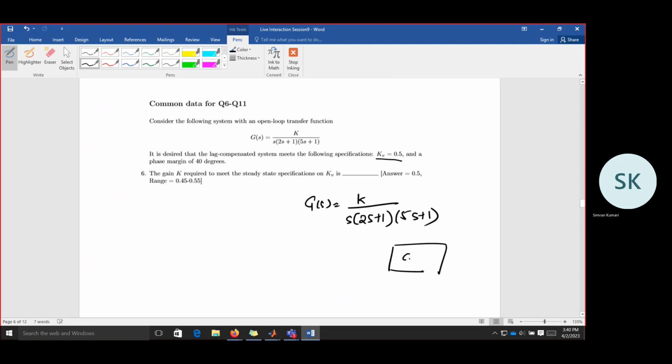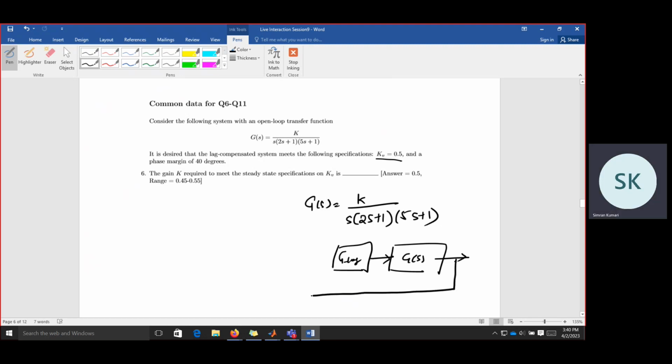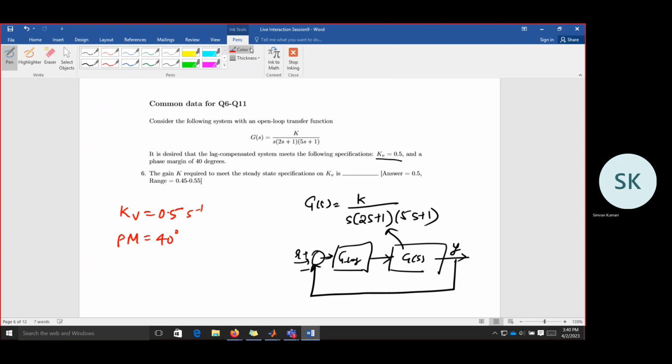So this is G(s), and we have a compensator G lag in a unity feedback system. What is expected? Kv should be 0.5 and phase margin should be 40 degrees. This is the desired behavior.